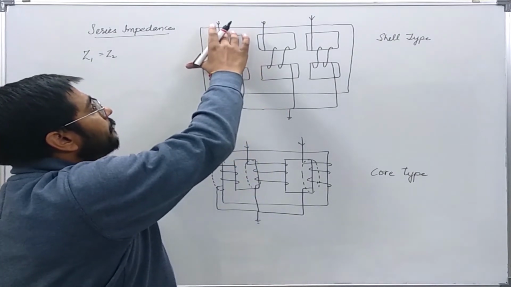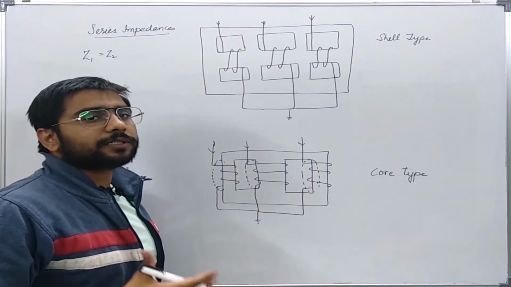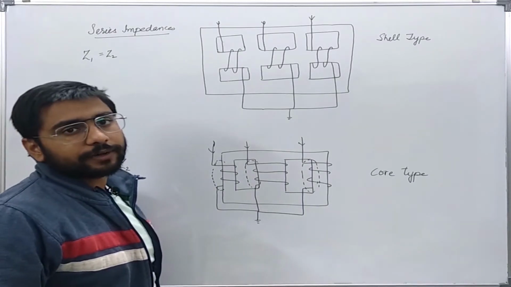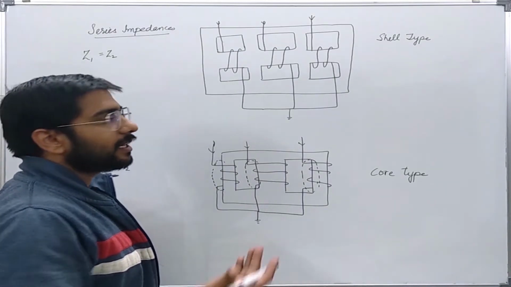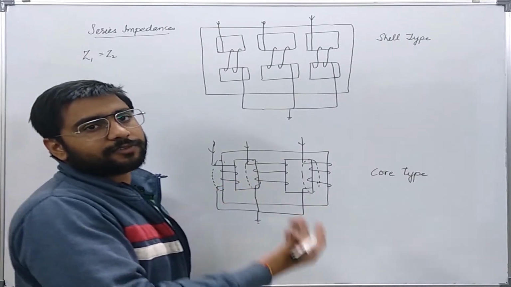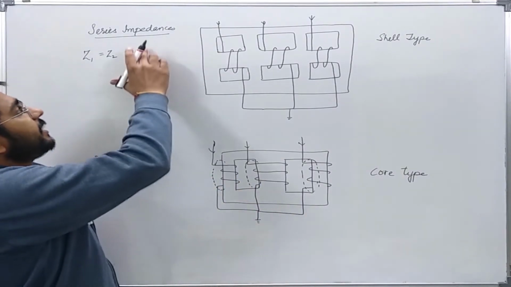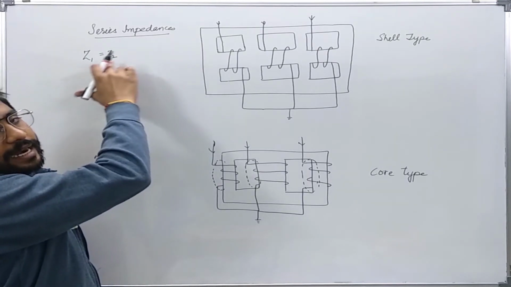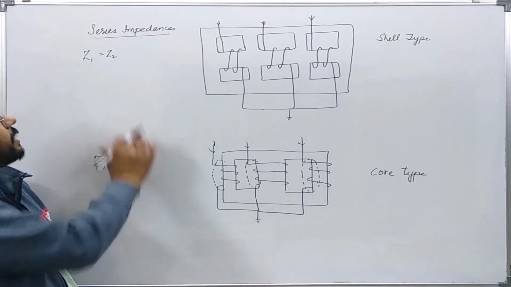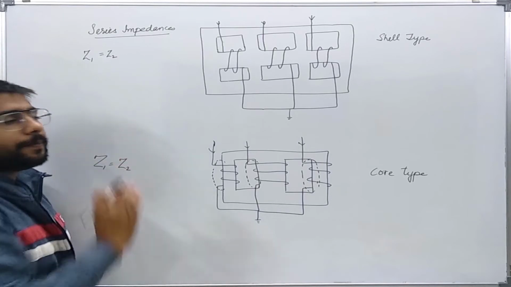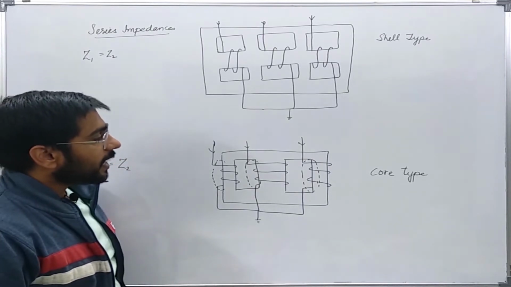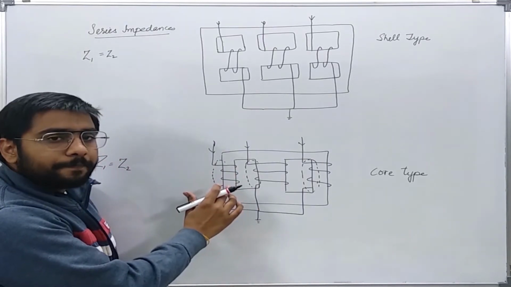So the impedance offered to the flow of positive sequence current or the negative sequence current will be the same. The leakage will be the same, resistance will be the same offered to the current. So we can safely say that the series impedance for positive sequence and negative sequence for both kinds of transformer are equal. Now here I have shown the leakage path.